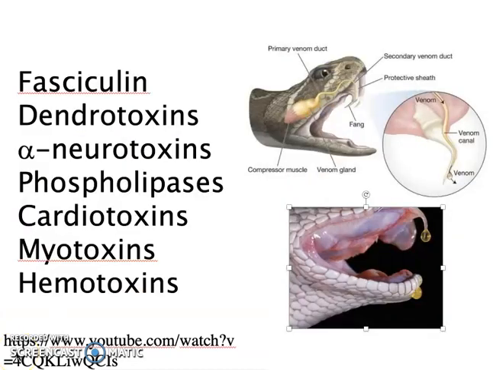Let's go over some examples of these various venom proteins. The first one is fasciculin. Fasciculin prevents the breakdown of acetylcholine, a very important neurotransmitter in the brain, used to stimulate muscle contraction. Fasciculins in snake venom stop acetylcholine breakdown.